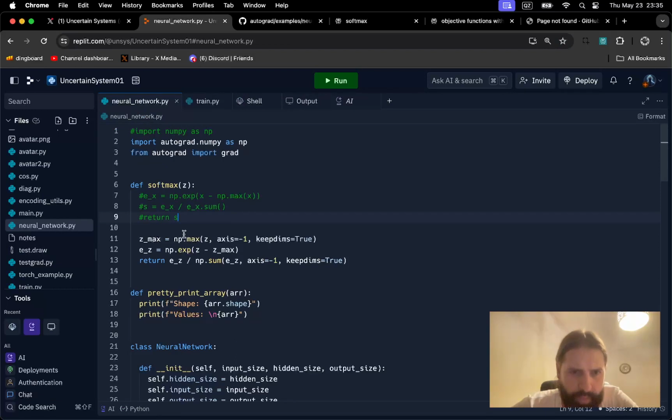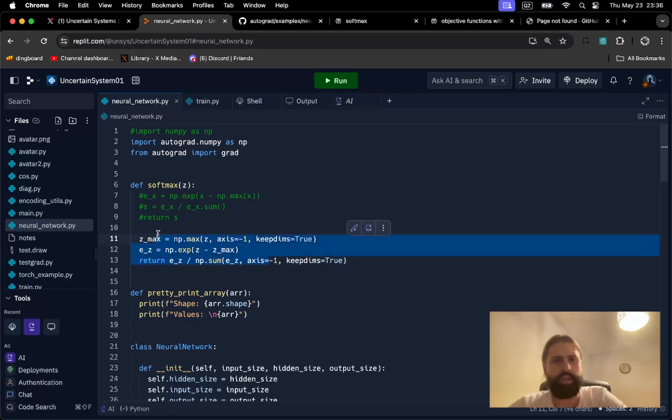I think it's the same. It's taking the max, np.max, doing Z minus Z max, and then doing the sum. Here we add something like axis minus 1. It's essentially the same. I don't know why these things skip dimensions.